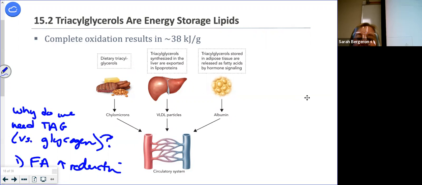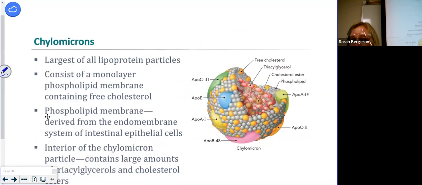So the fat that we eat is what we're going to talk about first. Chylomicrons. This is what happens to fat that we eat.